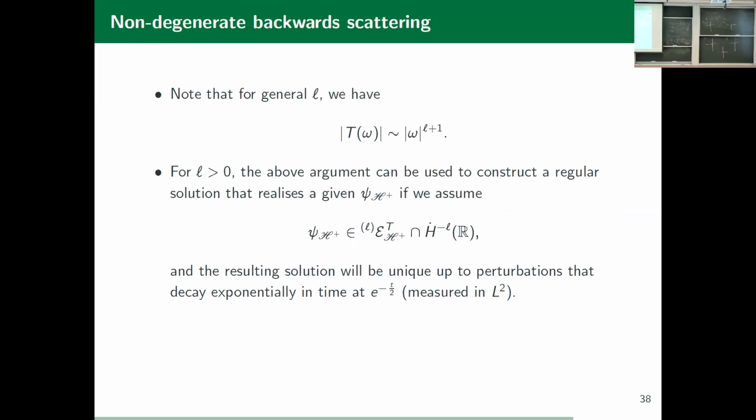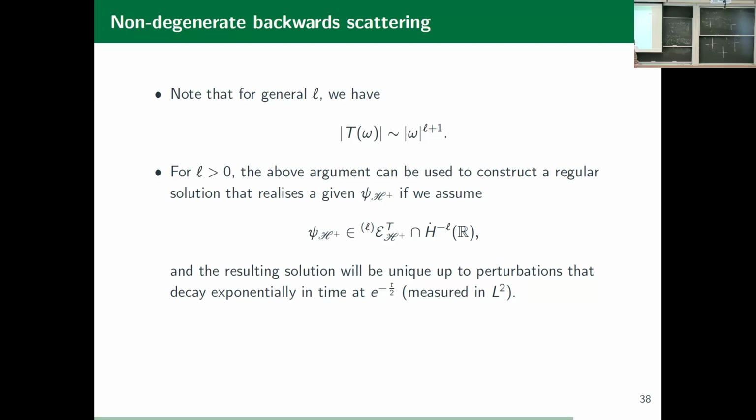Okay, so that works for L equals 0, but for L not equal to 0, we have a problem, because now the transmission coefficient vanishes to higher order at 0 frequency. So we cannot repeat the same construction. We can construct solutions using this method if we are given that CH plus is in the intersection of EH plus T and the space H dot minus L. The idea is simple.